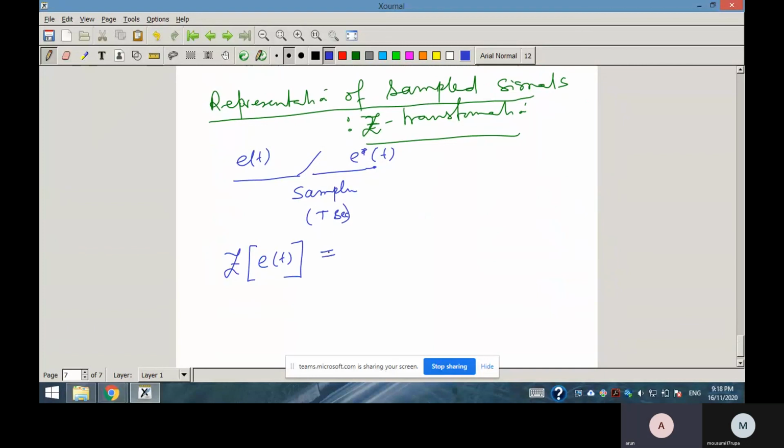The Z transformation of e(t), by definition, equals the Laplace transform of e star(t) with e to the power sT equal to z. So this will imply what? Z transform of e(t), what is it?